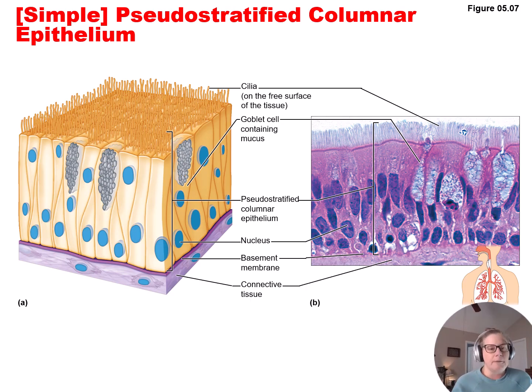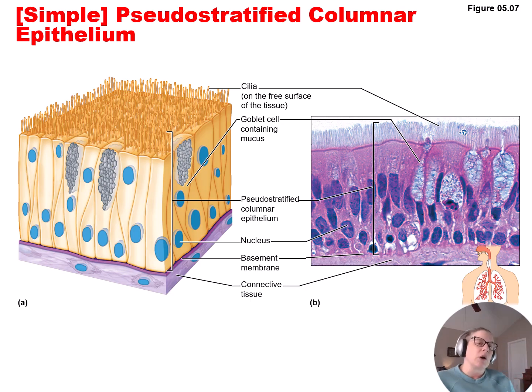What pseudostratified means is that it appears as if this tissue is stratified. Remember, stratified means that there are two or more layers. And if you look at this tissue, it looks like you've got a layer of nuclei up here, and then a second layer of nuclei down here. So it kind of appears as if there might be two layers here.